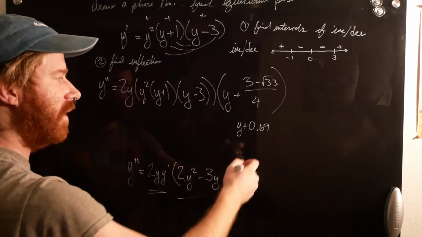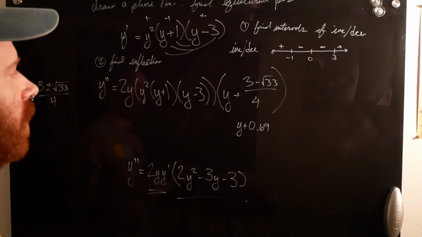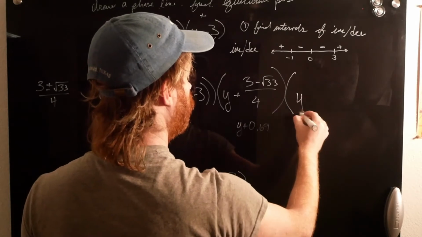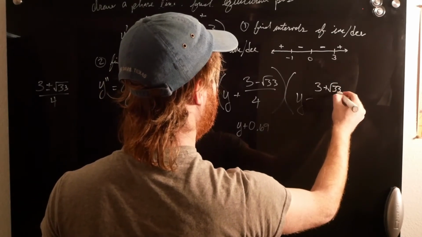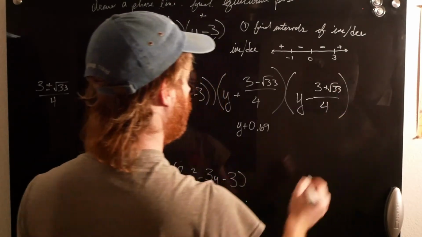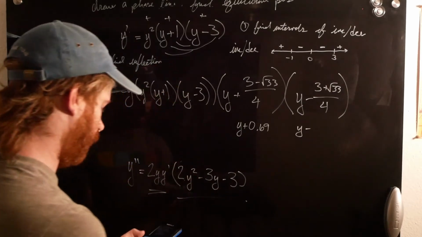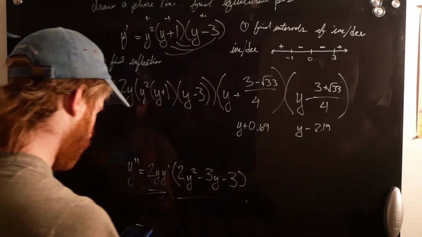So we're just going to rewrite that when we take this test in order to make it a little bit easier. And then we have one more, which is y minus 3 plus root 33 over 4. And this is going to be the same thing as y minus 2.19, right?